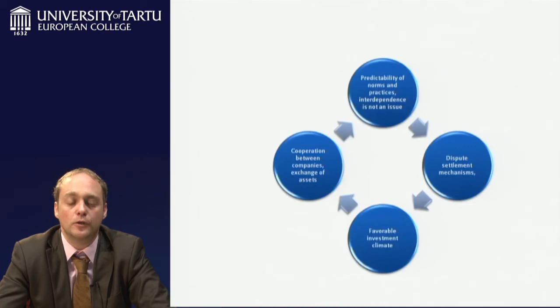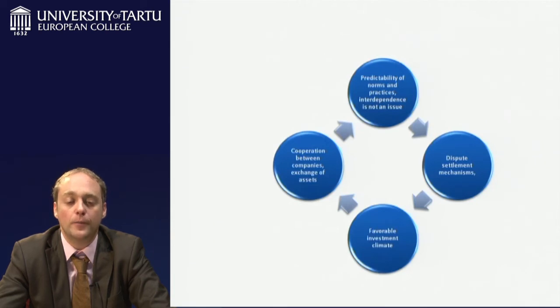Economic view, rational economic view, would oppose the previous view on the fact that for economic perspective, there is no problem in interdependency, but there is an issue of predictability of norms and practices. As an example, Russia-Ukraine crisis of 2009 happened because of the collapse of governance between the two countries on transit and supply issues.